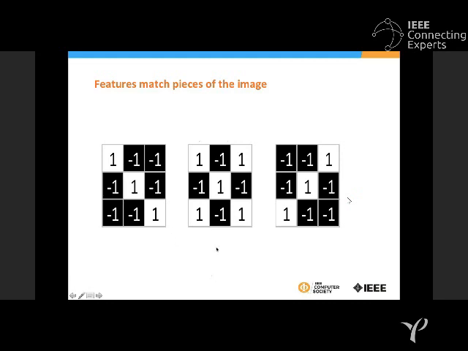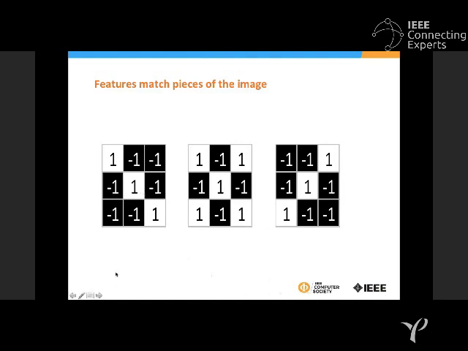This particular patch has an affinity for a 1-1 pattern in this form, and this patch has an affinity for a 1-1 form from this particular direction. So all these small matrices can be considered as feature extractors or feature matrices, because they will amplify some features.